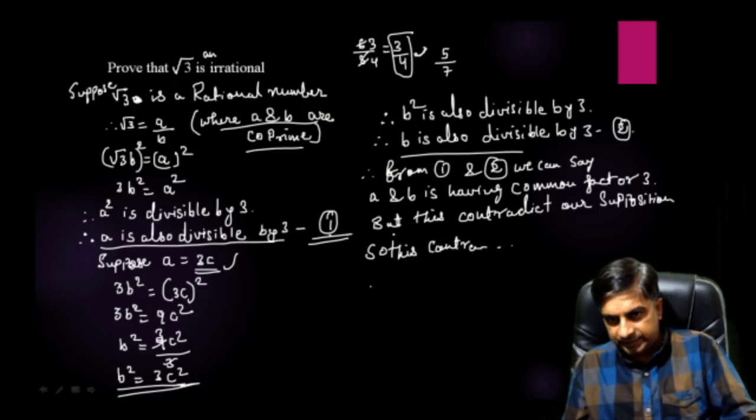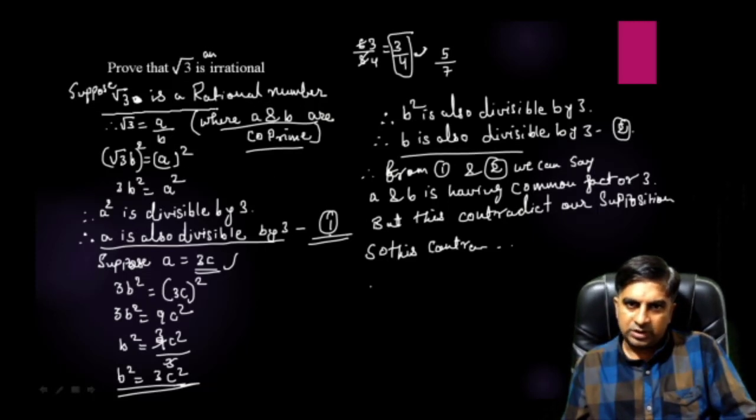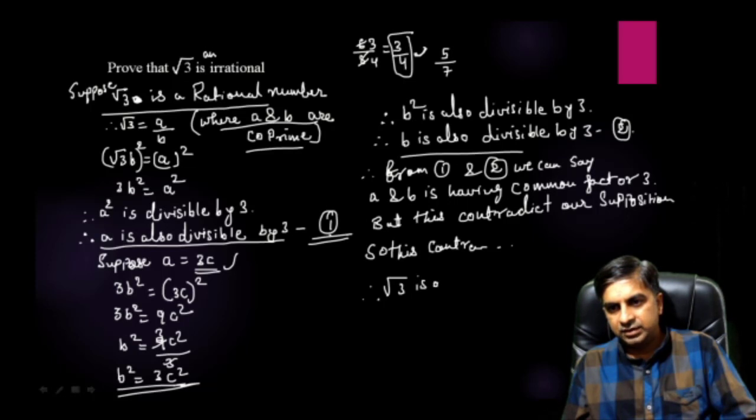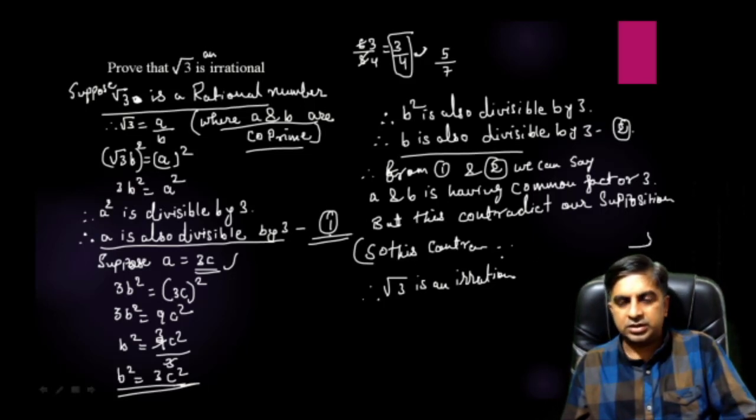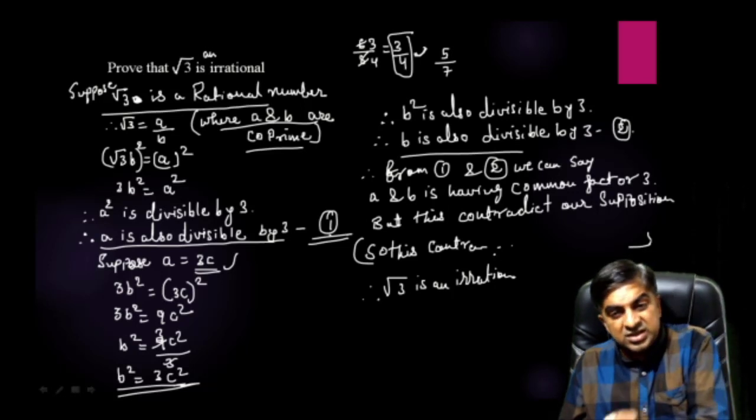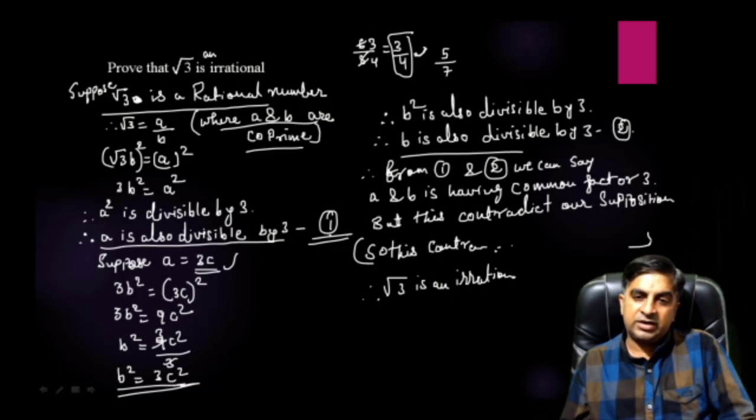So automatically, what will happen? If root 3 is not rational, therefore we can say that root 3 is an irrational number, guys. This statement you need to check from your NCERT textbook, because this statement is a little bit long and you have to write it same as it is given in your NCERT textbook. So please follow that, guys.